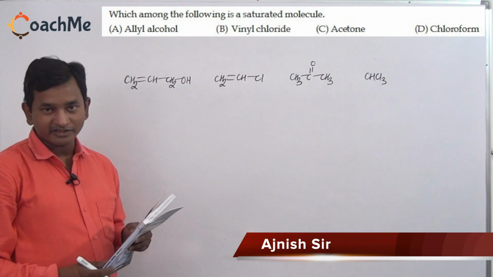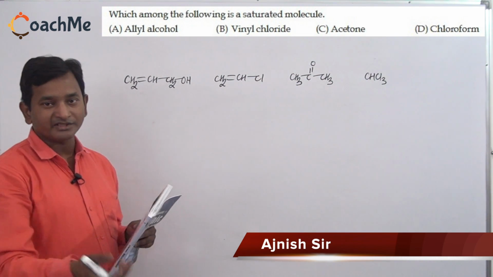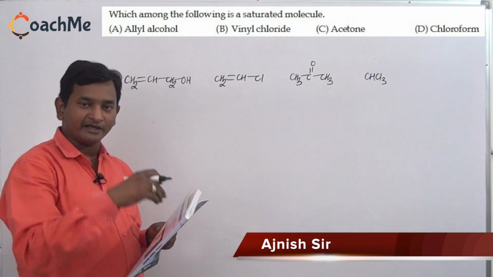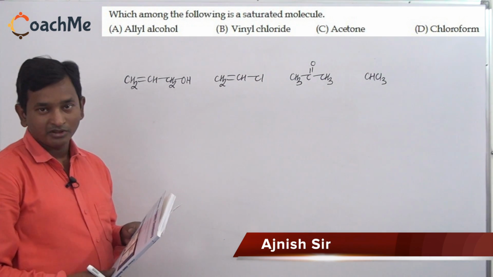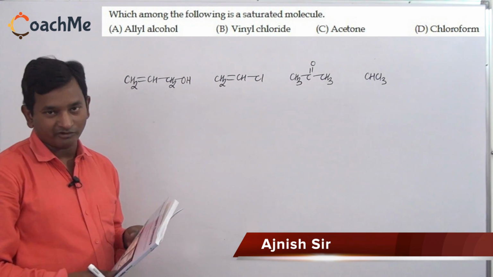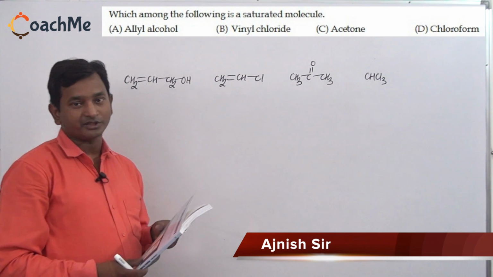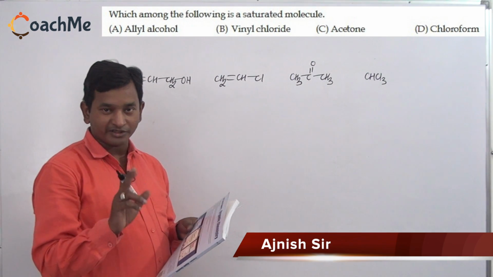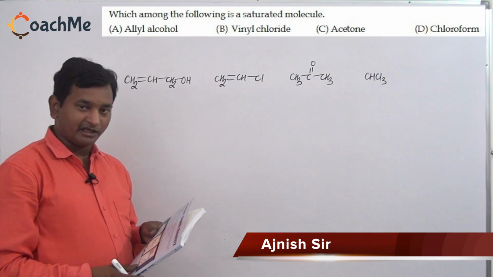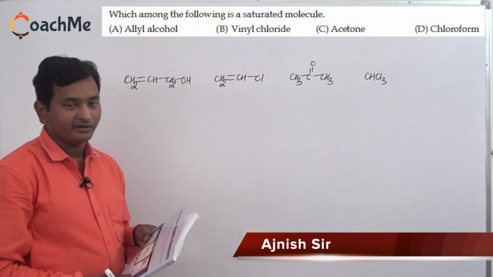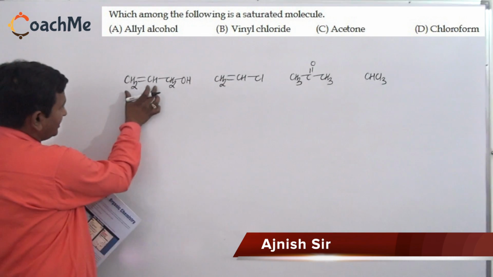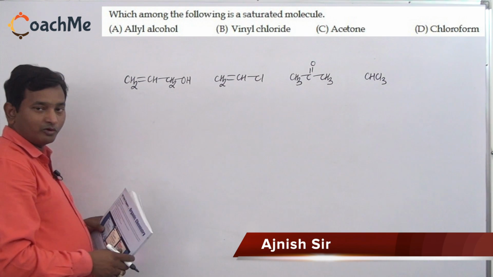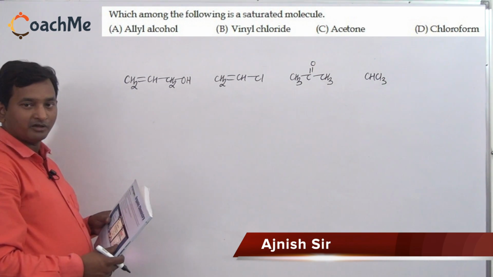That is, they are simply those molecules which are single bonded. The multiple bonded compounds have a tendency to add molecules and to form the saturated one. So if the question is asked about the saturated molecule, you must think about those molecules which have only single bonds. It may be cyclic or it may be acyclic. So in option A, carbon-carbon double bond is present, so we can add a hydrogen molecule over it to form normal propanol.